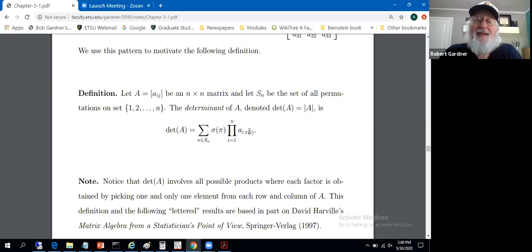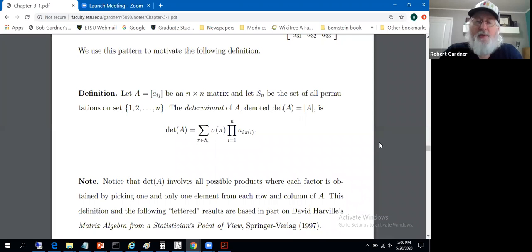So we get n things multiplied together here, just like we did upstairs when we looked at n equals 2 and n equals 3. They're preceded by a plus or minus sign, as we saw upstairs. And we do this for every permutation.